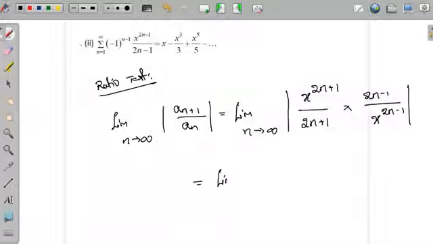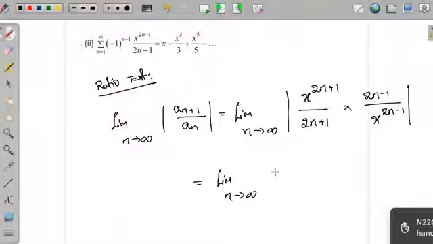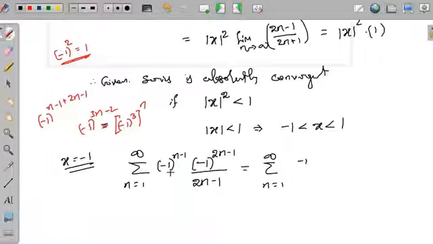So limit as n goes to infinity. What happens is x power 2n plus 1 over x power 2n minus 1, so you'll be left with x square. So you'll be left with the modulus of x square, times 2n minus 1 over 2n plus 1.